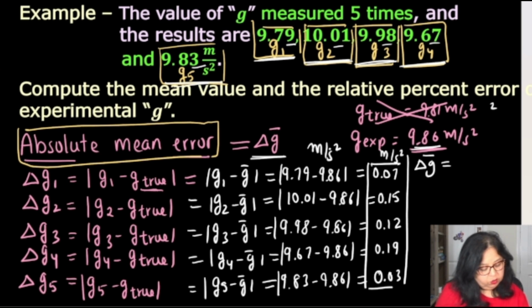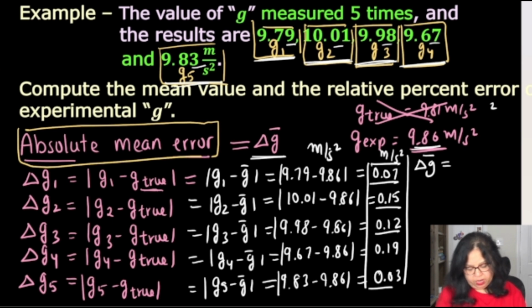So that is going to give us 0.07, plus 0.15, plus 0.12, plus 0.19, plus 0.03, which gives you 0.56 divided by 5, because we are taking the average of these 5 absolute errors.